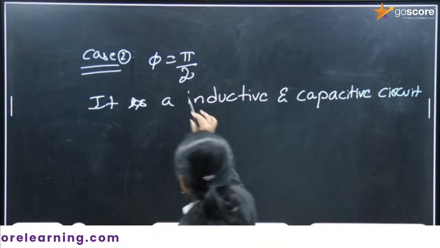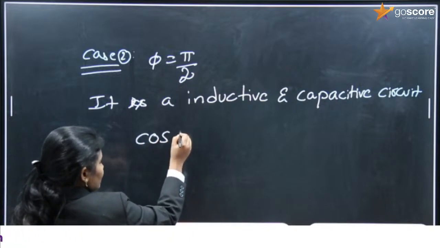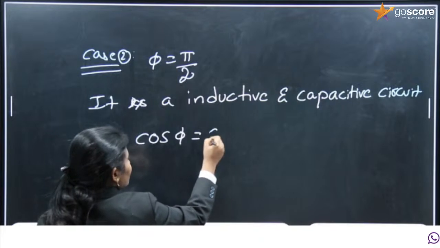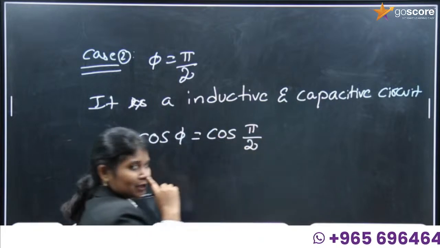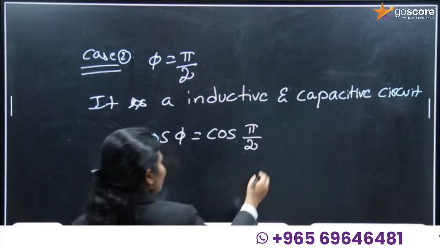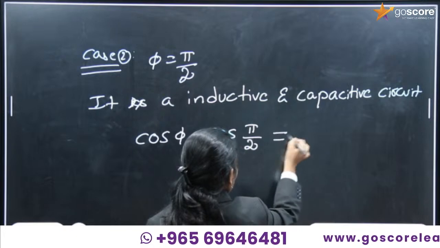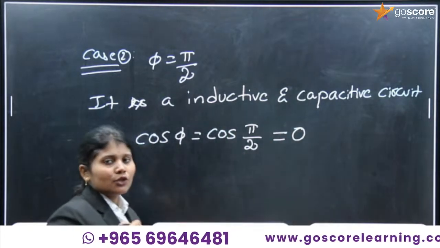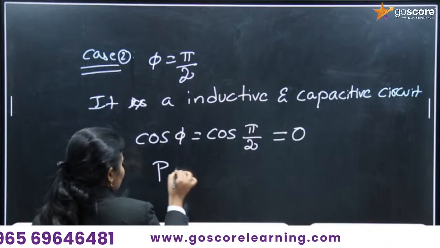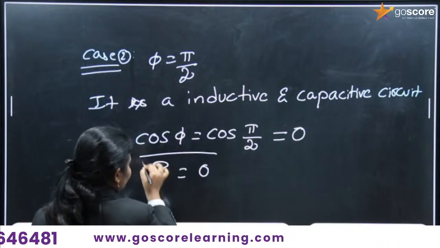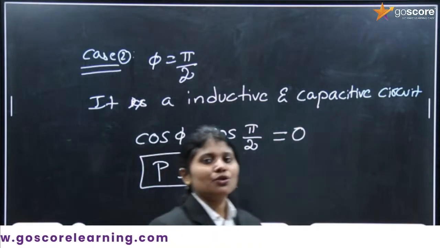Then cos phi is equal to cos pi by 2. Cos pi by 2, cos 90 degrees, how much? 0. The cos value will be 0, so power also 0. Average power is equal to 0 in a pure inductive and capacitive circuit.